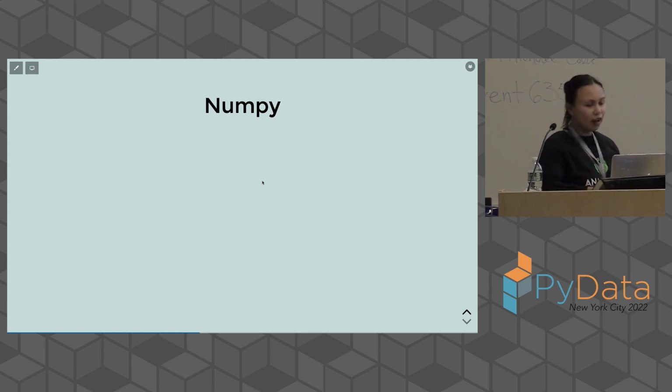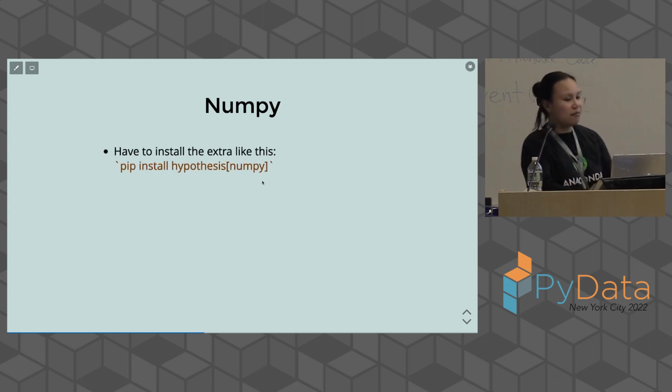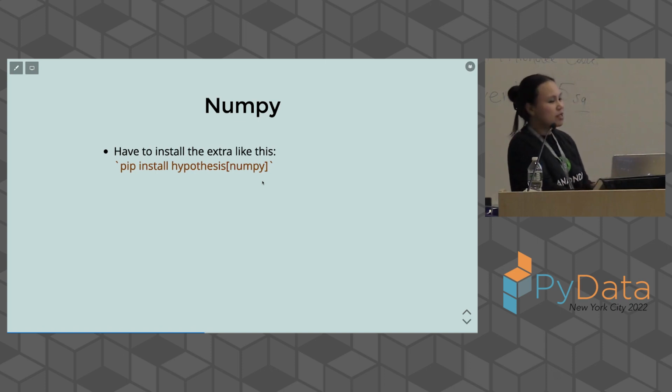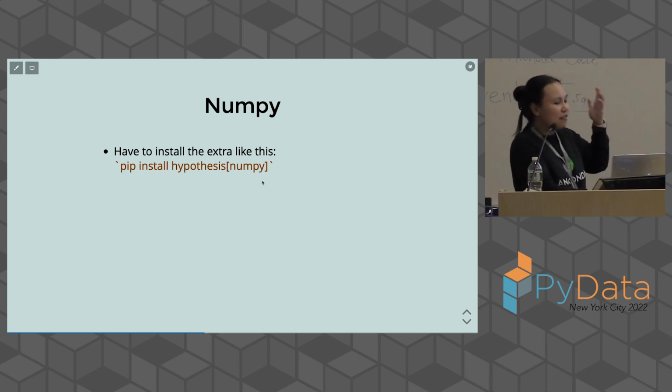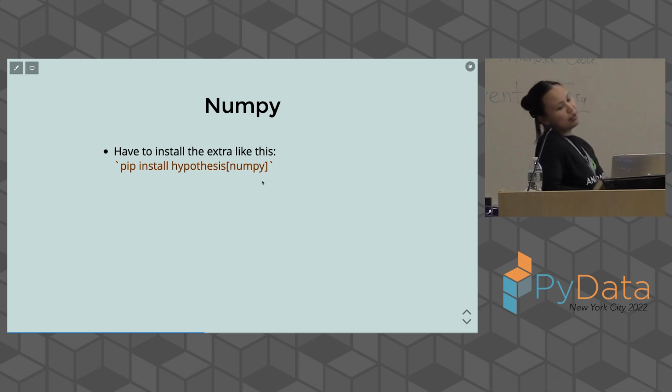So don't worry, hypothesis got you covered. But the thing is, because hypothesis wants to keep its library light, not all users are using NumPy like us, right? So you may have to install hypothesis again if you already have it, or if you haven't installed hypothesis, and you're going to use NumPy, you can install hypothesis like this.